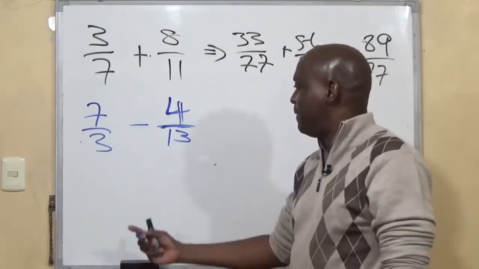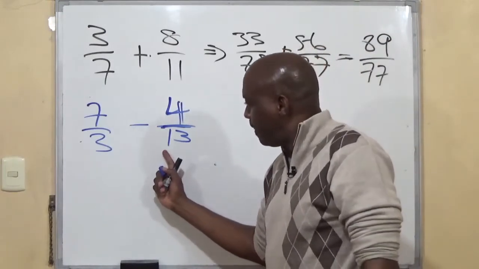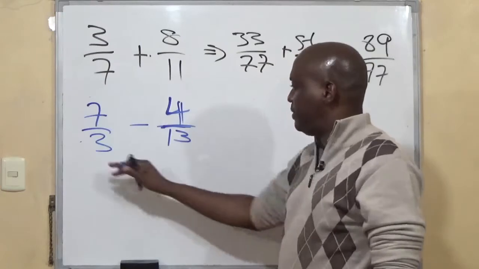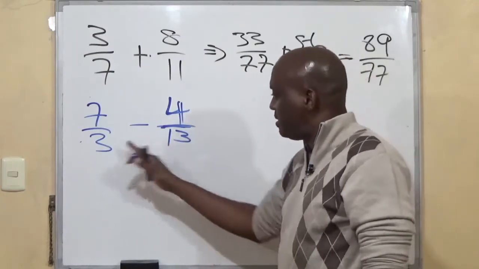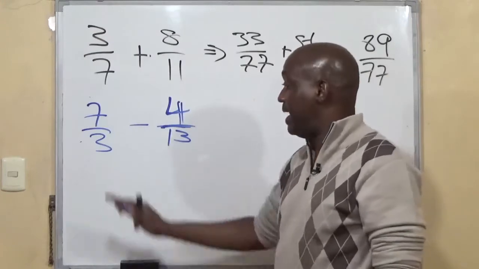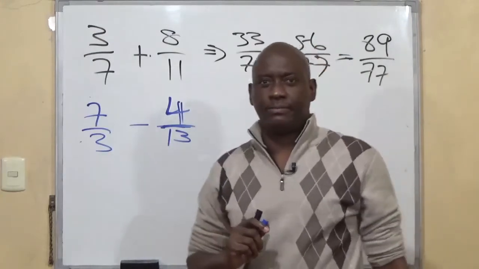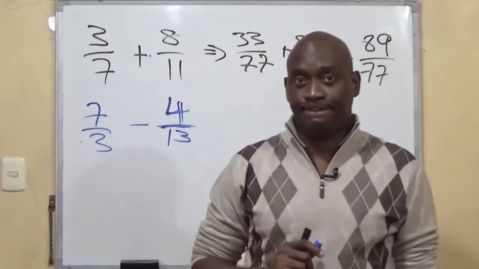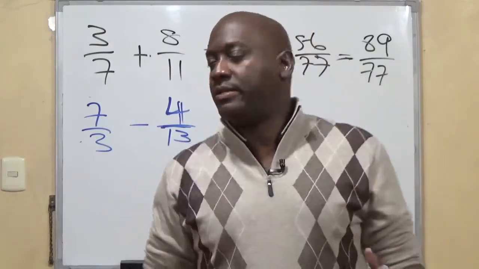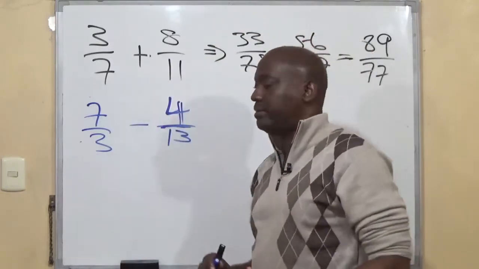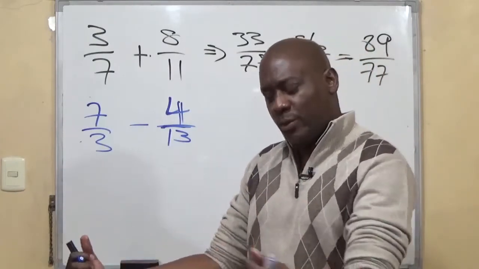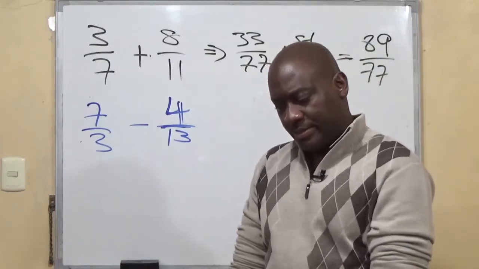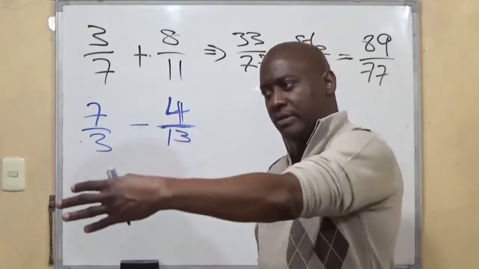Right? Again, there is no clear multiplicative relationship between 3 and 13. In other words, 13 is not a multiple of 3, and 3 is not a factor of 13. So just as we did in the case of the 7 and 11, we go for a third party. We don't have a direct link between the two, so you invoke a third party.